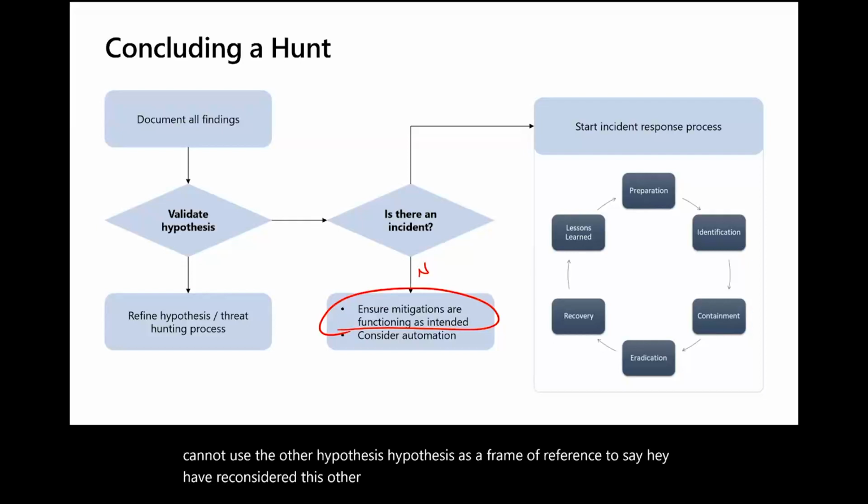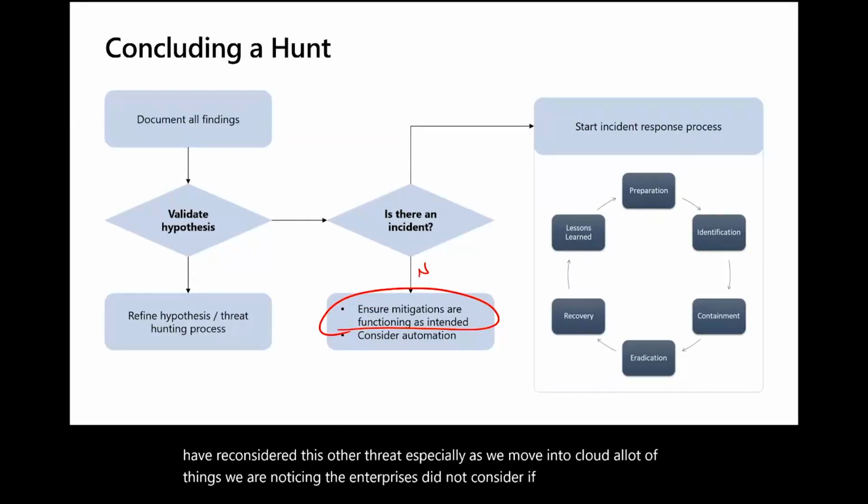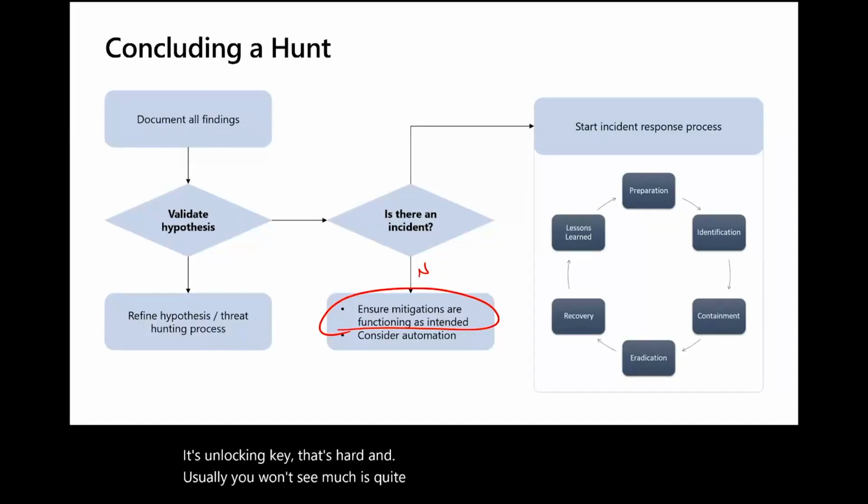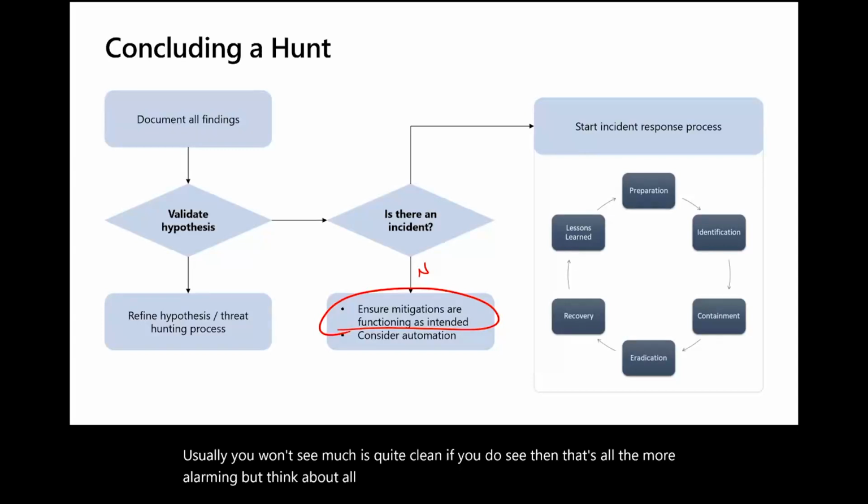Especially as we move into cloud, a lot of things we are noticing that enterprises did not consider. If it's an environment that's under lock and key, that's hardened, usually you won't see much. It's quite clean. If you do see it, then that's all the more alarming. But think about all the other new environments, new connections, new external vendors that you're even letting into your environment as well.